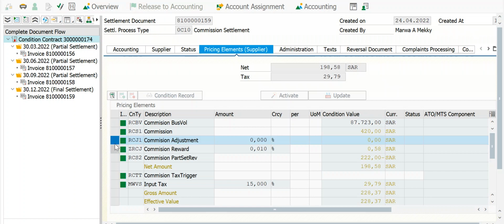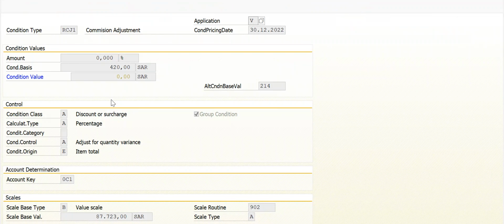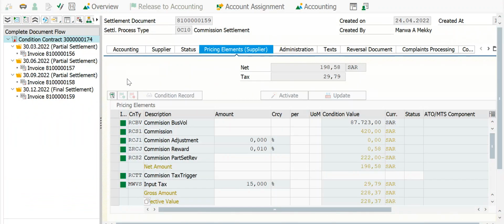Because if they achieve their target, there will be no deduction. So let's see. Now it's 87,723 Saudi riyals. So this means they achieved their target, so there will be no deductions anymore.